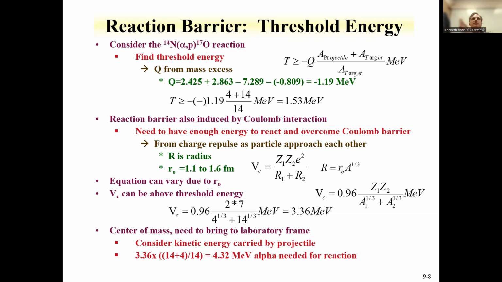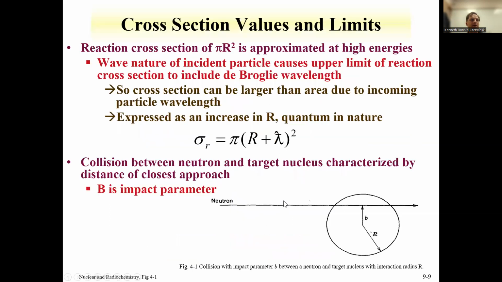If you could overcome the Coulomb barrier but it's still below the threshold energy, what it'll tell you is that I can make a reaction, but that product isn't going to be seen. There might be other products. Okay, thank you.